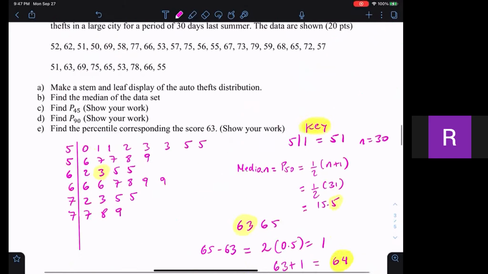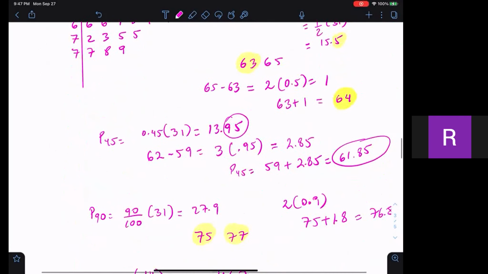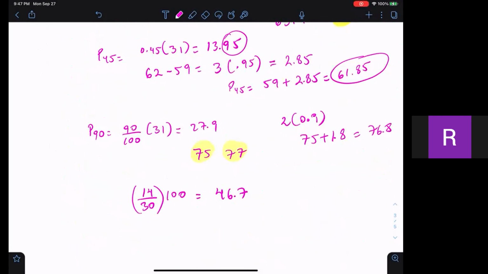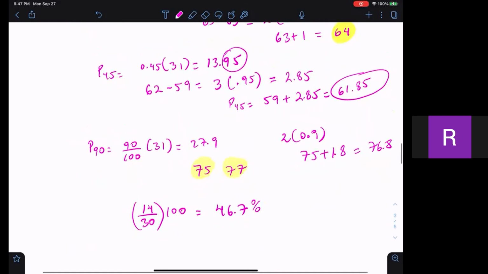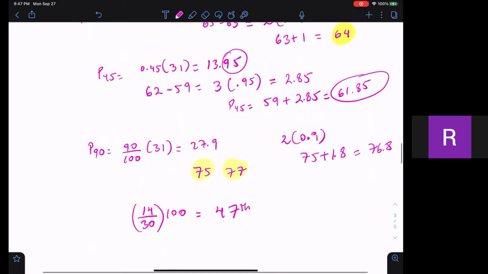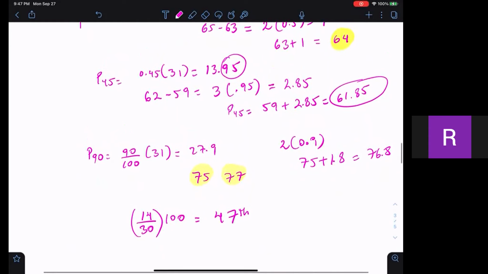So this is the percentile. You can round it to the nearest number, which is 47%, or the 47th percentile.